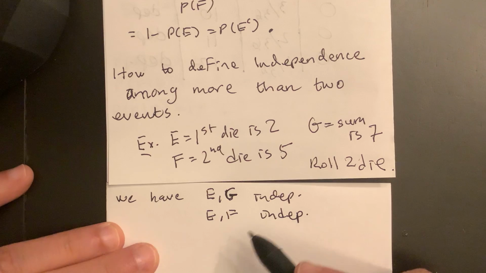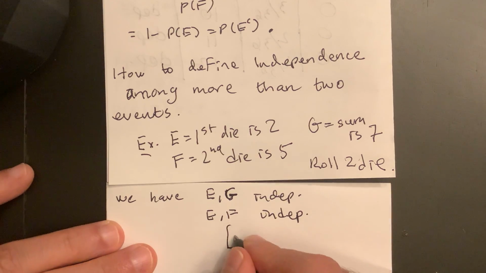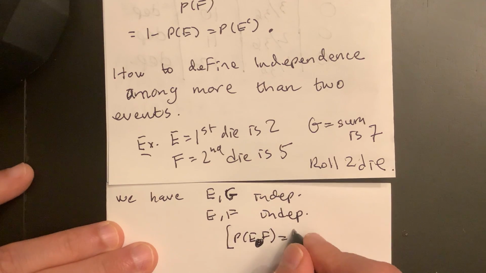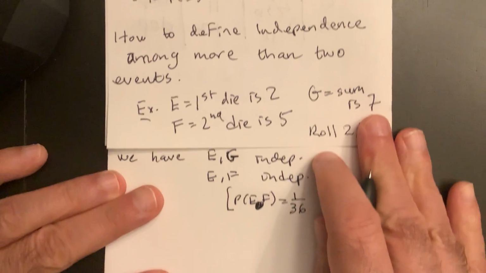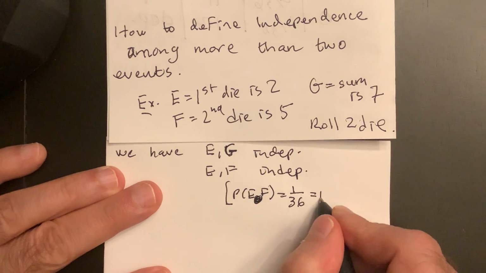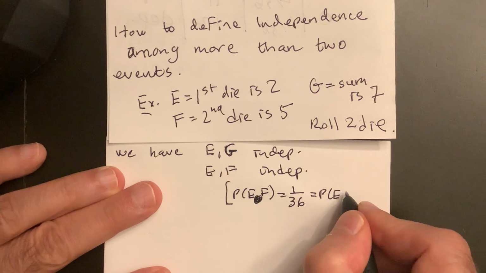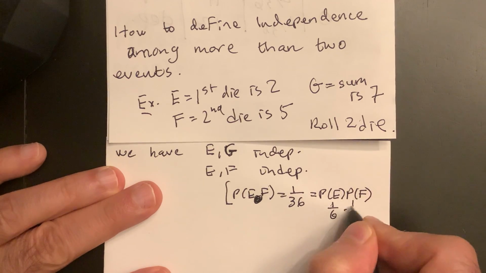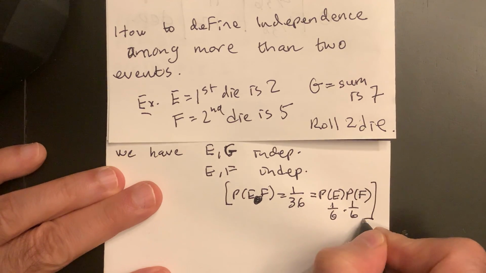This is easy to show because, well, let's do it. So probability of EF, sorry, this should just be EF, the intersection here. This is equal to 1 over 36, right? It's the only outcome where the first die is a 2 and the second die is a 5. And this is equal to P(E)P(F), which is 1/6 times 1/6.